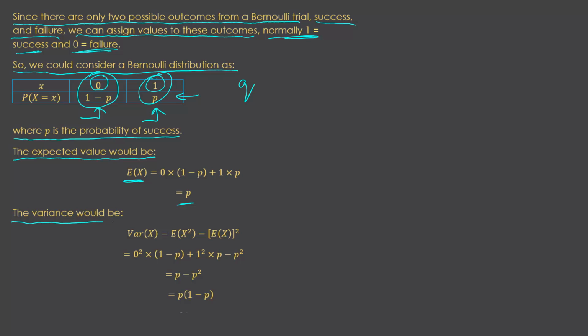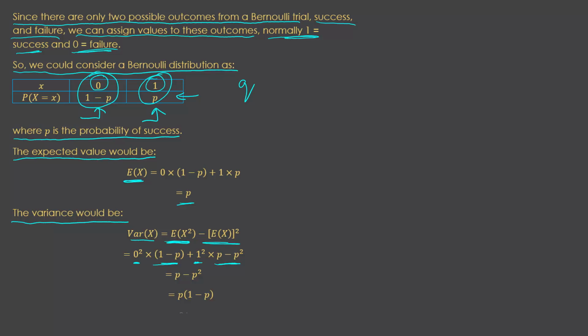To calculate the variance, we know that we do the expectation of x squared take away the expectation of x squared. So that will be 0 squared times 1 minus p plus 1 squared times p minus p squared.